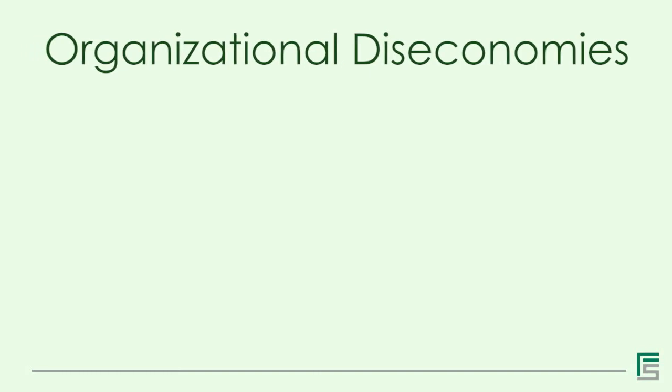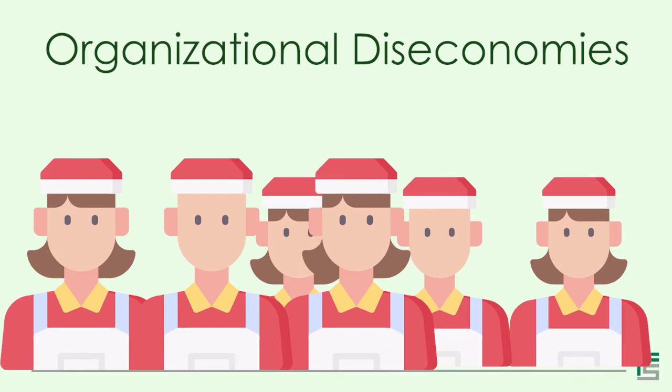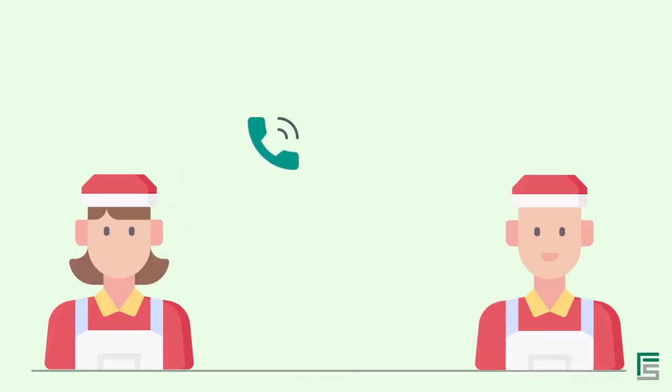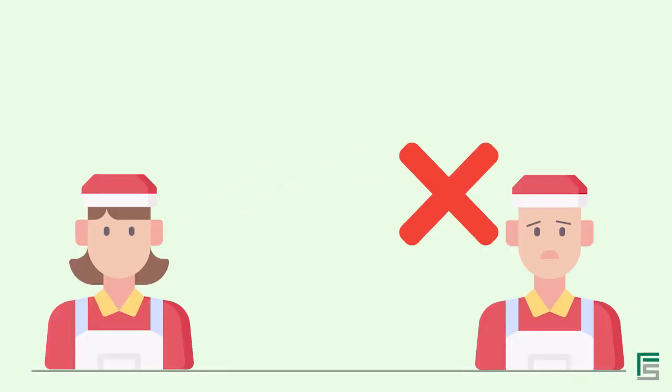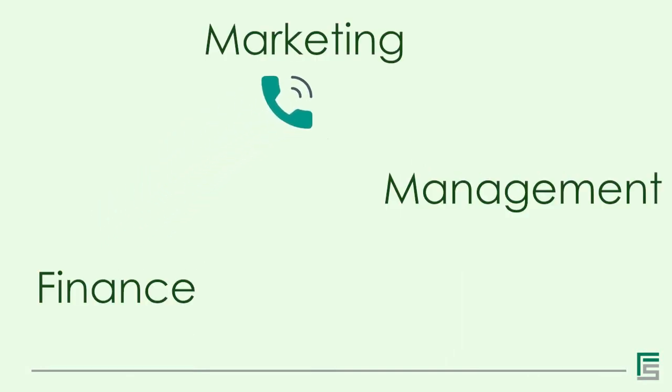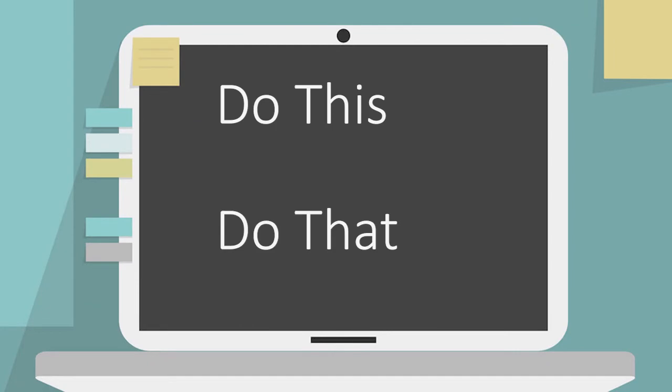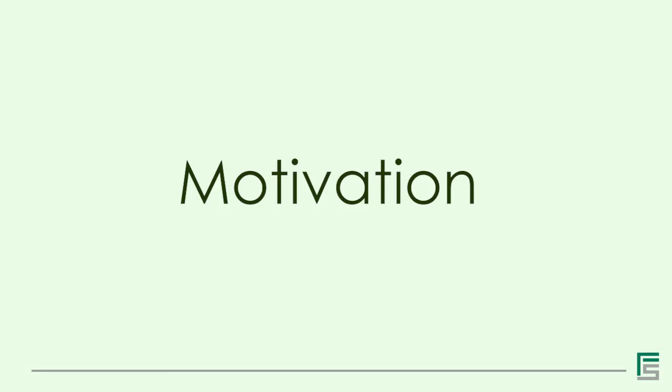Organizational diseconomies of scale arise due to the difficulties of managing a larger workforce. First, communication becomes less effective. As a business expands, communication between different departments becomes more difficult. In some instances, written communications become more prevalent, which can lead to less feedback. Another drawback is motivation.